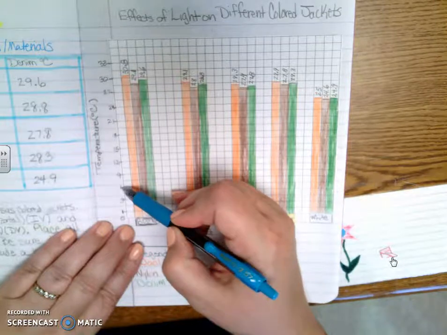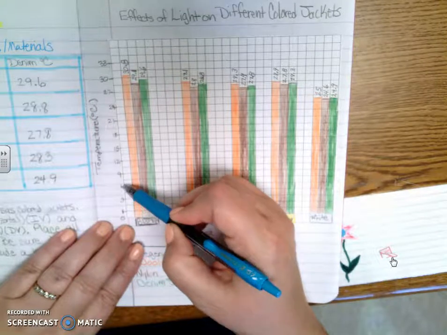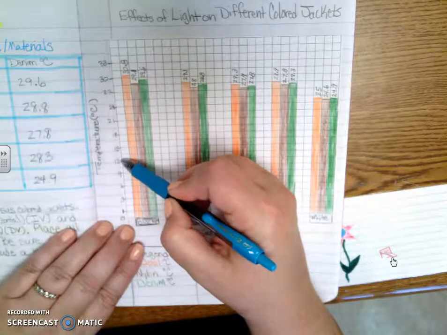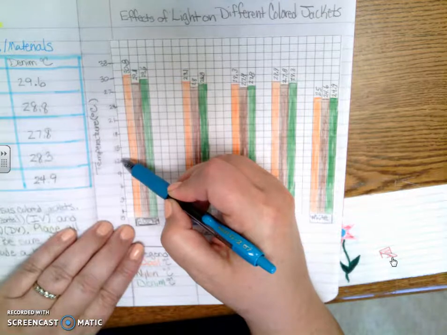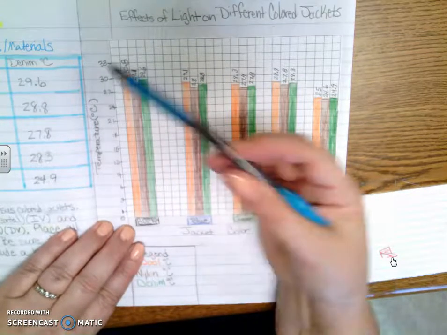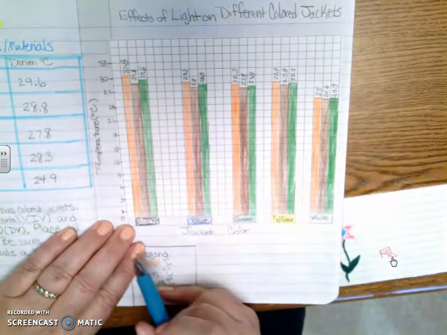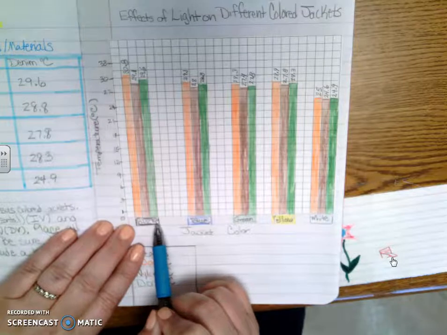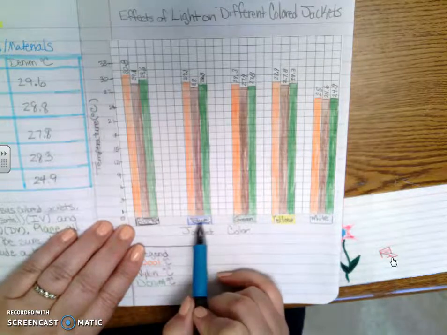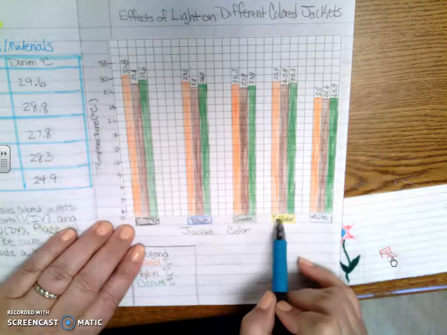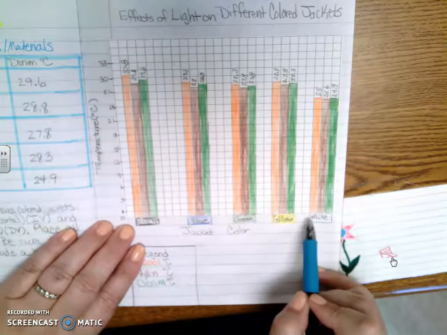So 2 more lines, 6. 2 more lines, 9. 2 more lines, 12. You get the point, and you end at 33. And then for our independent variable, the different colors that we're testing: black, blue, green, yellow, white.